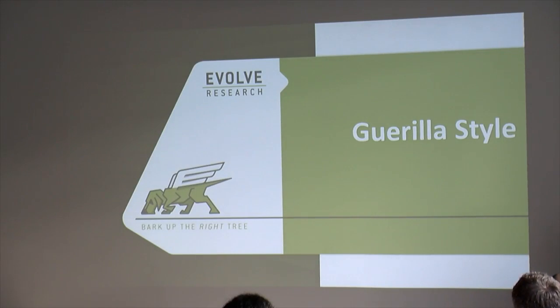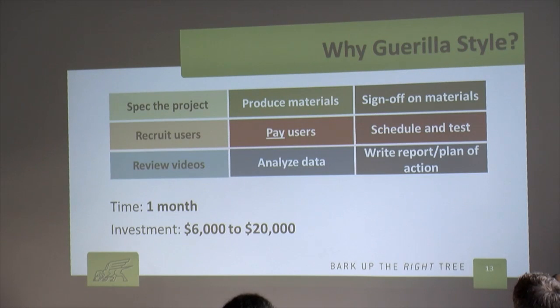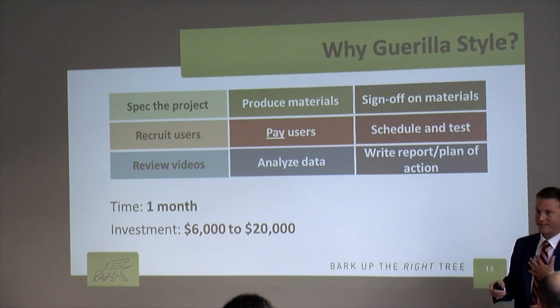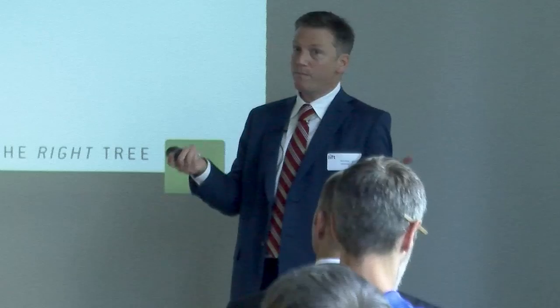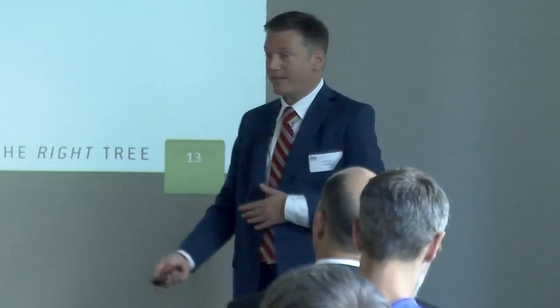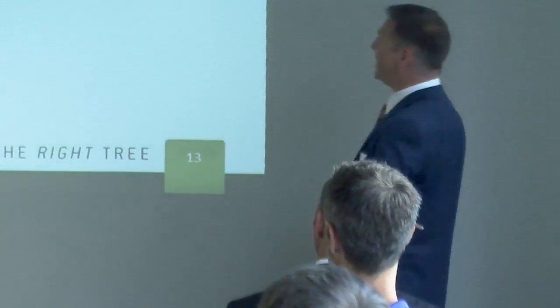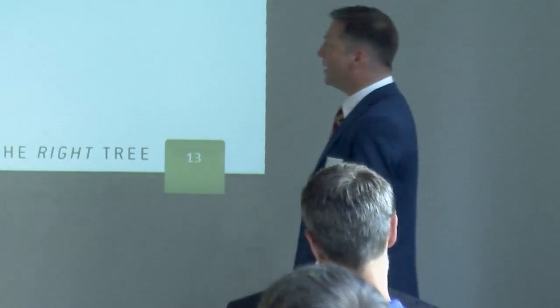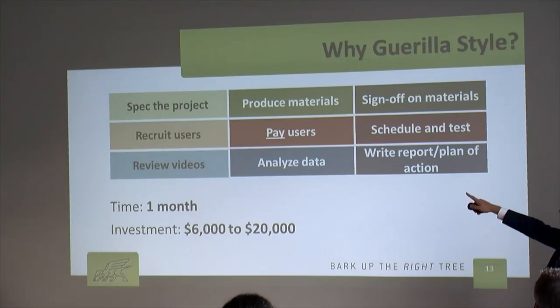So, Guerrilla style. Now, this isn't a shameless plug about my firm, but this is just the one that I'm going to get in there. Because we're experts in usability, it means that we can do it very, very well. Probably better than you guys, because that's what we specialize in. But the thing is, if you hire a firm like me, these are all the stages that you've got to go through. And there's a lot of stages.